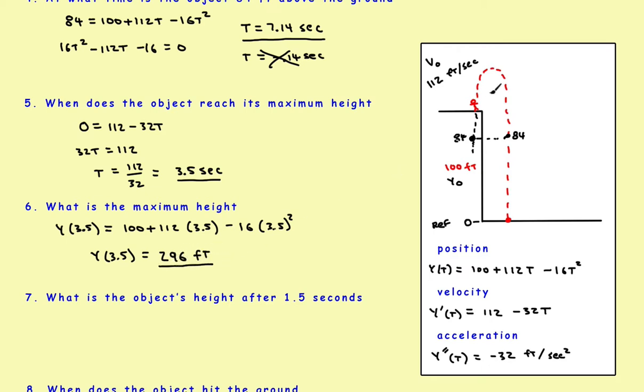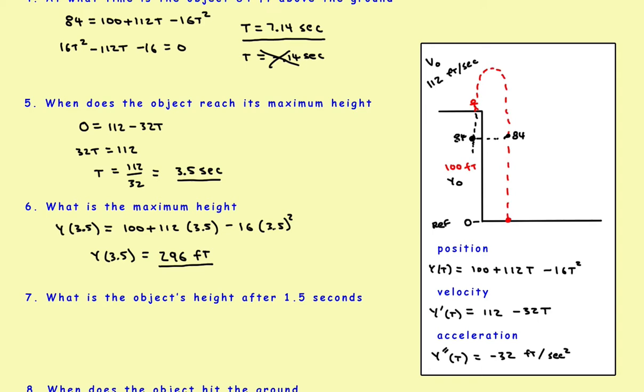So this is the maximum height. That maximum height will occur 3.5 seconds after you threw it, and by the position equation, it will reach a maximum height of 296 feet. Now, just a few more general questions.